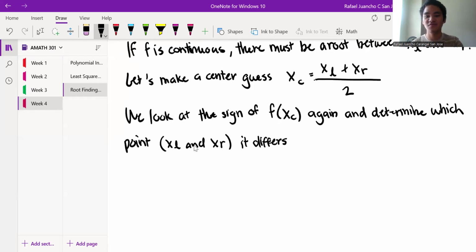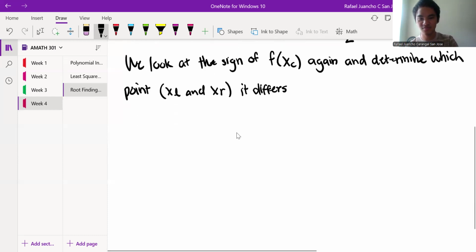So which one is it different from? Is f of x sub c different from the x L point, or is it different from the x R point?